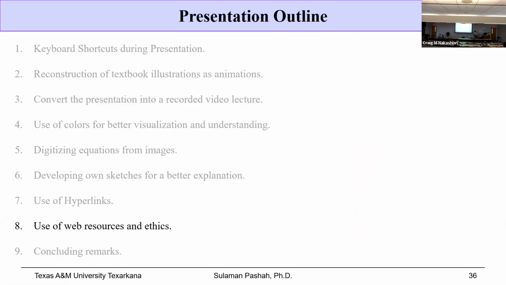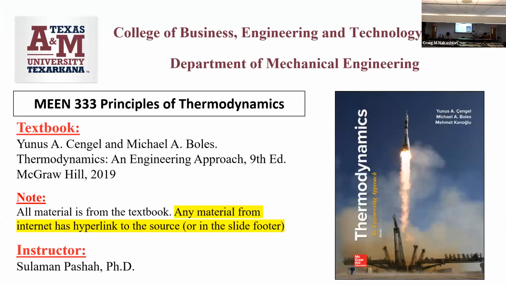Okay, the last thing is I use internet resources, the animated GIFs, all the videos. So I always try to put the reference. So this is the title slide of each of my lecture notes. It gives credit that all the material is based on this particular textbook. All the material is from the textbook, apart from some additional illustration.